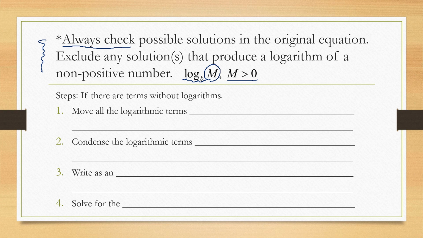So we're always going to do this every time we're solving a logarithmic equation. Now, there are some different types of strategies. We're going to look at this first one, and these are the steps if there are terms without logarithms. So we have some with logarithms and some that don't. The first thing we're going to do is move all the logarithmic terms to one side of the equation.